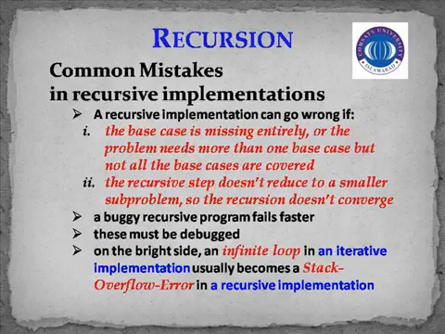A buggy recursive program fails faster. Therefore, these must be debugged. On the bright side, an infinite loop in an iterative implementation usually becomes a stack overflow error in a recursive implementation, which is not as critical as its former case.